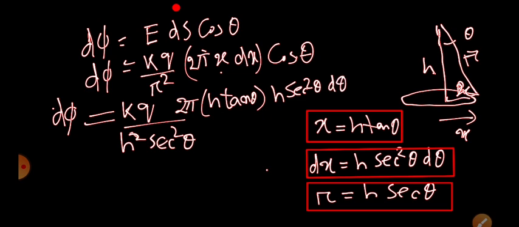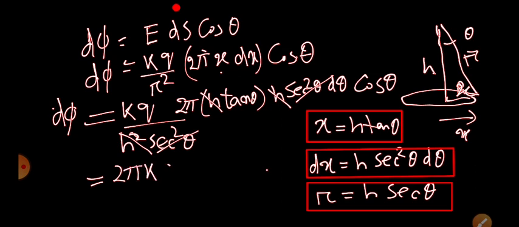And in place of cos theta there is another cos theta there. So here you see this secant square theta cancelled. This h and h square get cancelled out. What remains is tan theta, sin theta by cos theta, and this is cos theta. One cos theta gets cancelled out, and we get 2 pi k q into sin theta d theta.